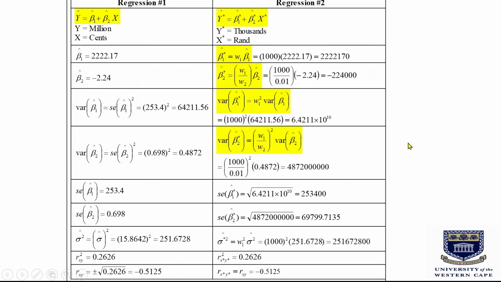Then it's just a matter of plugging numbers into the formulas to arrive at the rescaled values for beta 1 hat, beta 2 hat, their variances, the standard errors, and the variance of the regression, right? Again, the R squared is scaling invariant, it remains unchanged.